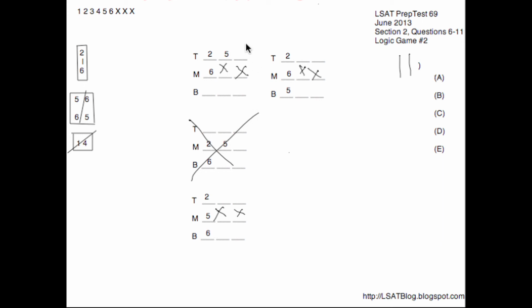Then we have the variables 1 and 4 remaining, and they are interchangeable in our remaining spaces here on top and bottom with no difference between them at all really. Then we simply have the variable 3 and the placeholder x left to deal with.